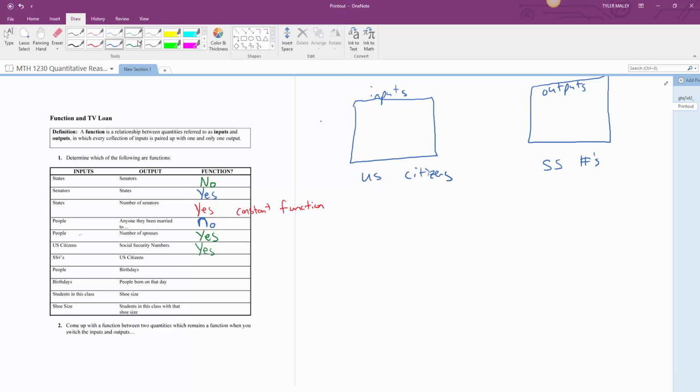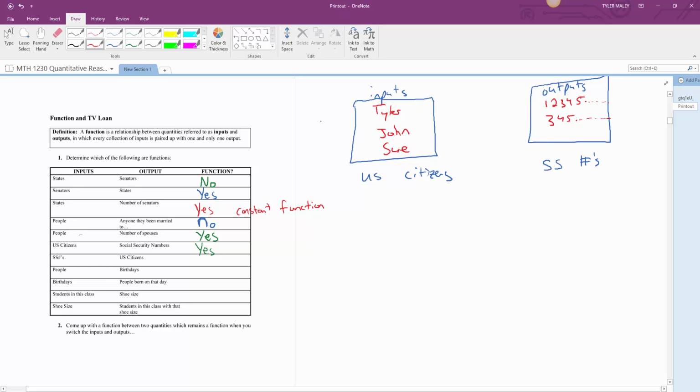Let's say we have, I don't know, Tyler, John, and Sue. Then there's going to be one social here, one social here, and so forth.